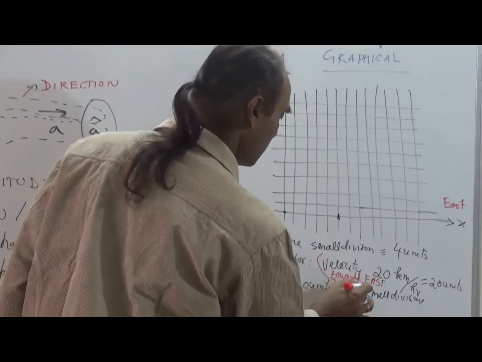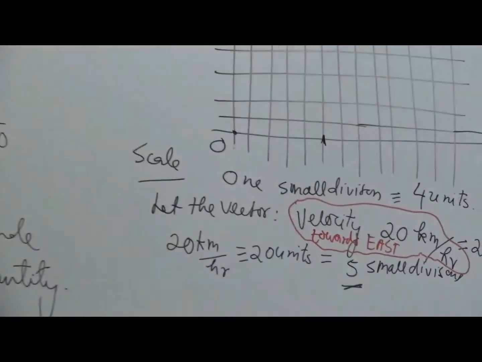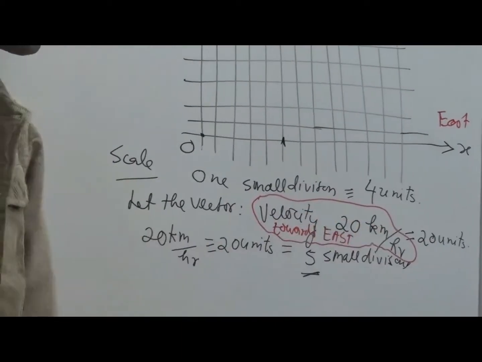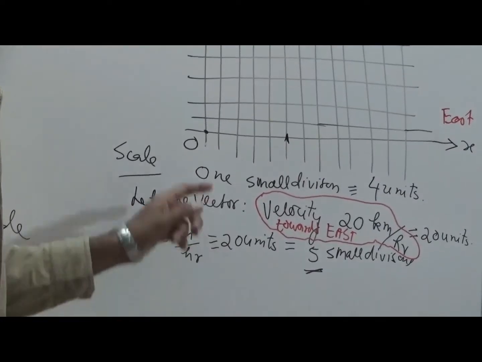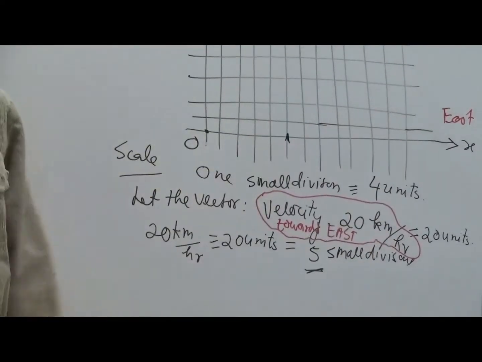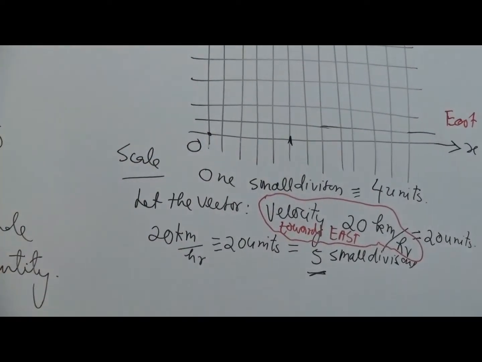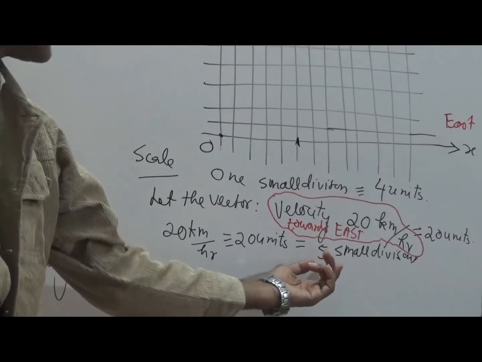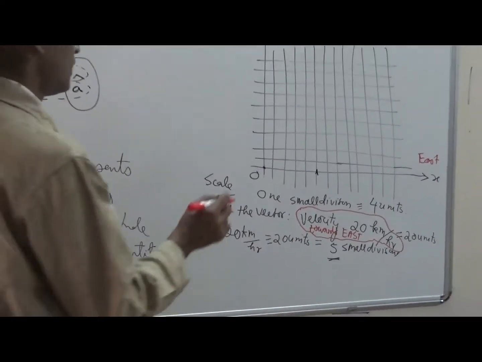This is the given vector. Our vector is the velocity vector of magnitude 20 km per hour and direction east. The direction is given by the positive x-axis, and the magnitude can be given by 5 small divisions taken along the positive x direction.